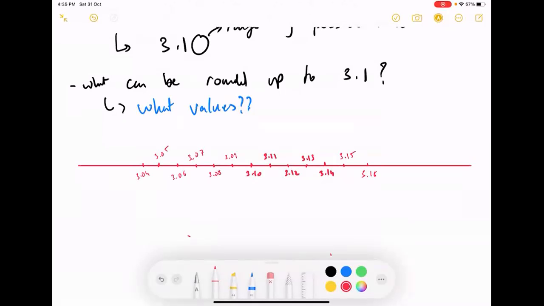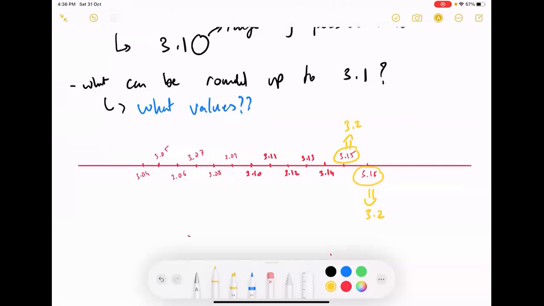Okay, let's try. What if I round up 3.16? What will be the answer? Okay, 3.2. What about 3.15? 3.2. Very good.